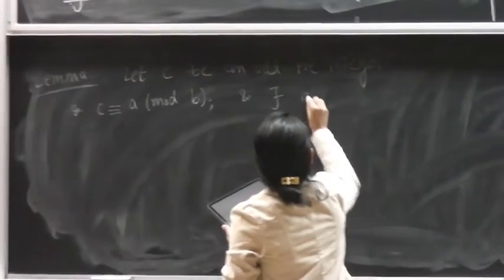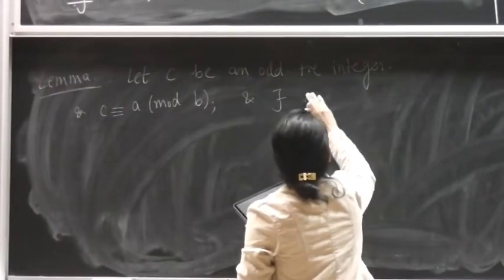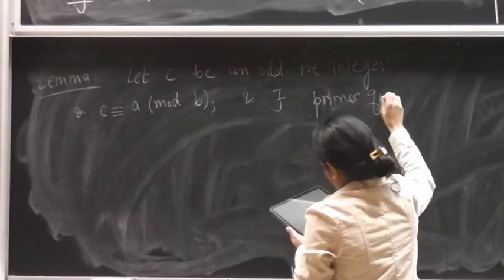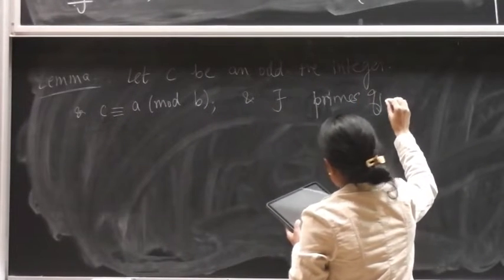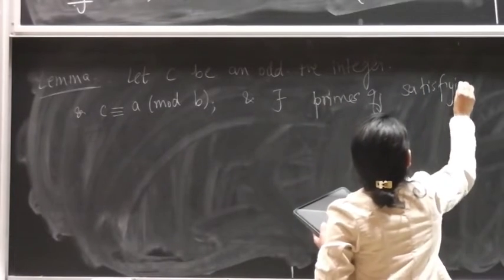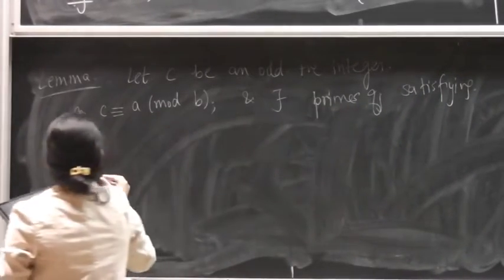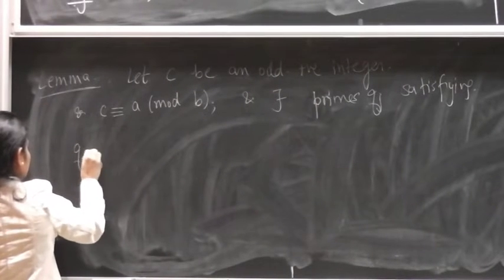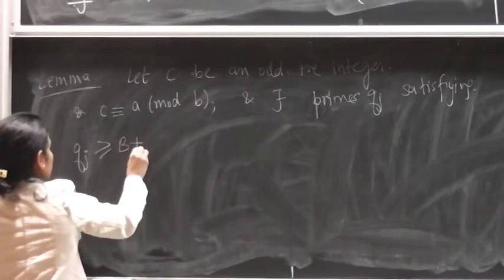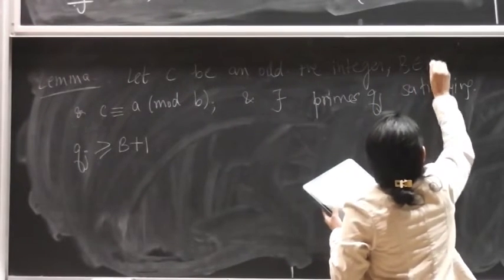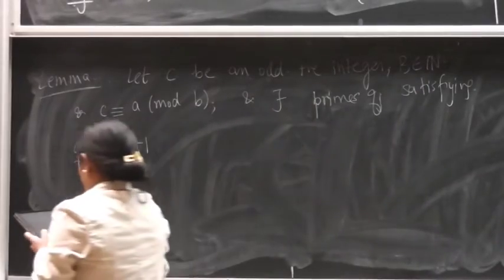And suppose there exist primes Qj satisfying this: Qj is larger than or equal to B plus 1, again for any fixed integer capital B.